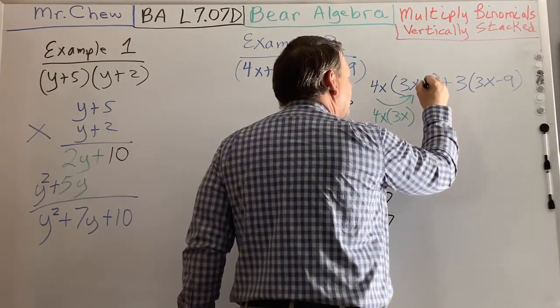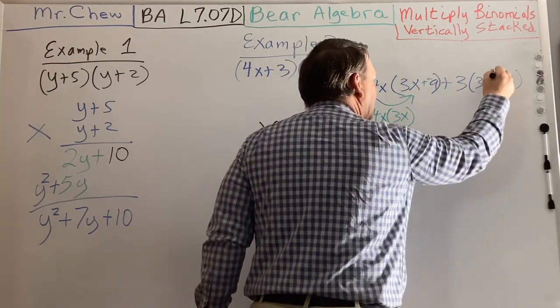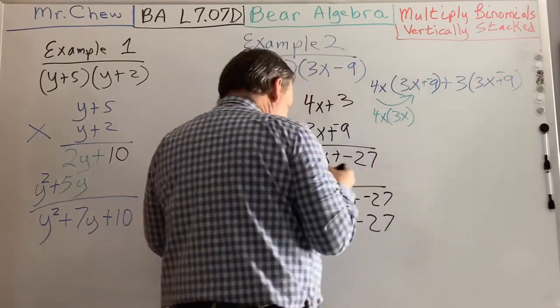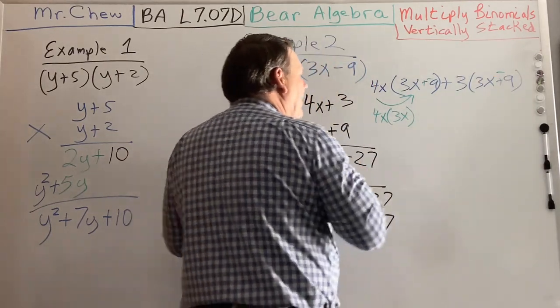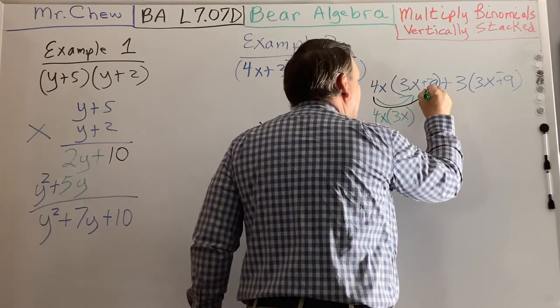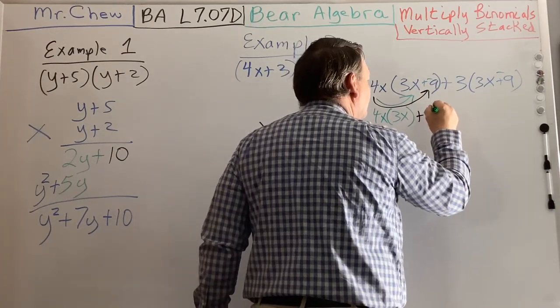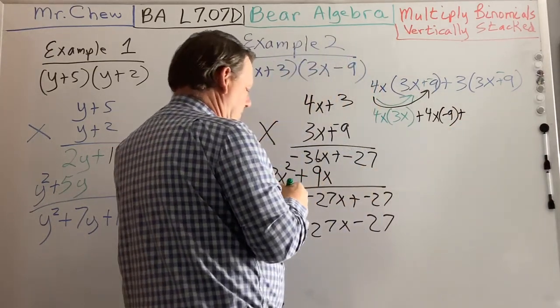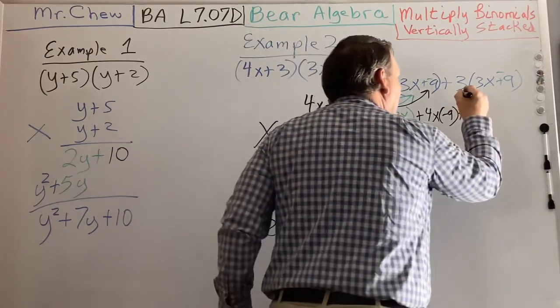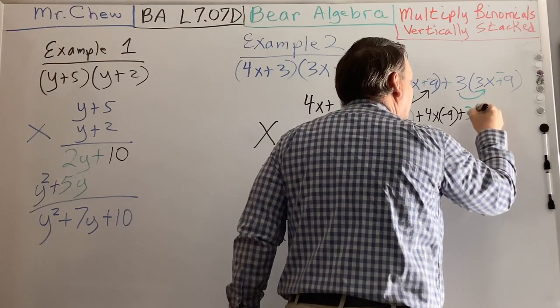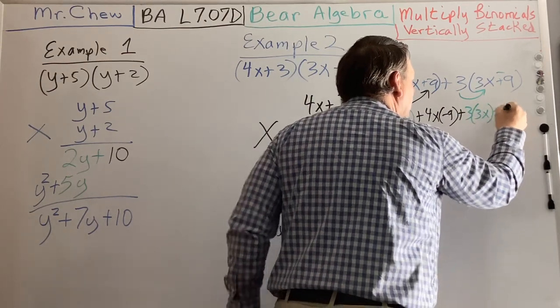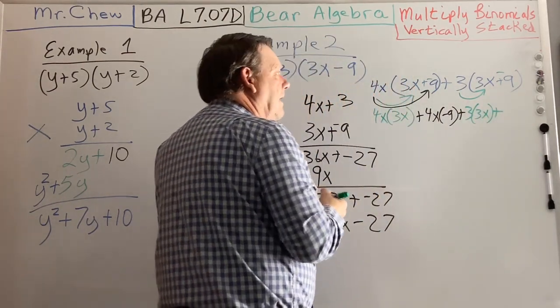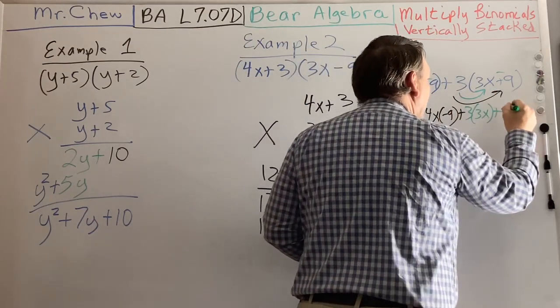And then I change this to plus the opposite, change this to plus the opposite. And now I've got my 4x times my negative 9. And now I've got my 3 times my 3x. Now I've got my 3 times my negative 9.